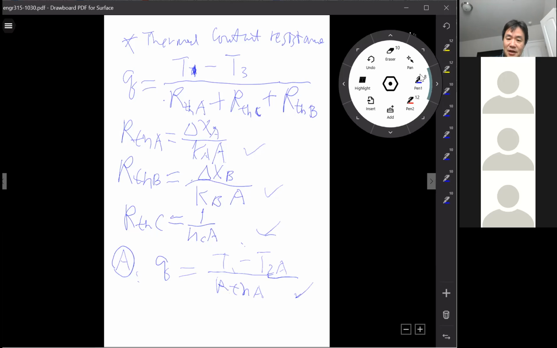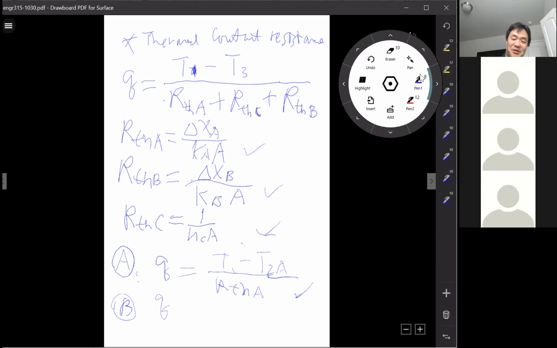Everybody agree? So now you can find out T2A. So how do you find out T2B? You would take the same Q you had before and go from T2B minus T3 over RthB. Yeah, you can go through material B, right?